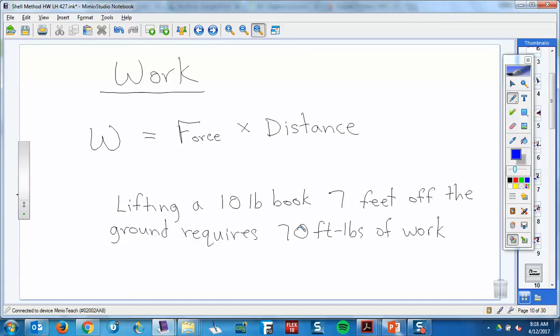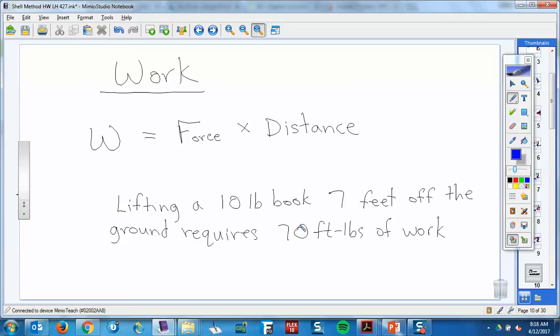If I stand here and hold this above my head, I'm not doing any work right now by the definition of work. And if this was really heavy, like 150 pounds, and my arms were shaking and it was really hard to do, I'm still not doing any work because I'm not moving it through a distance.